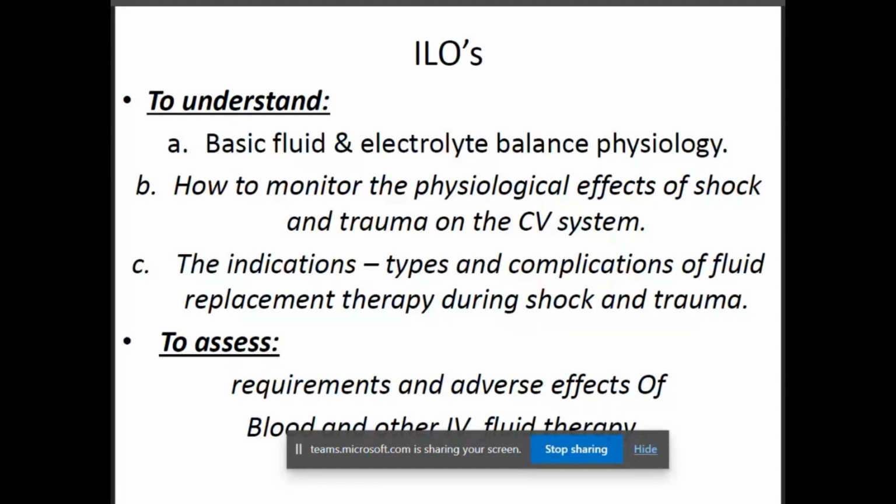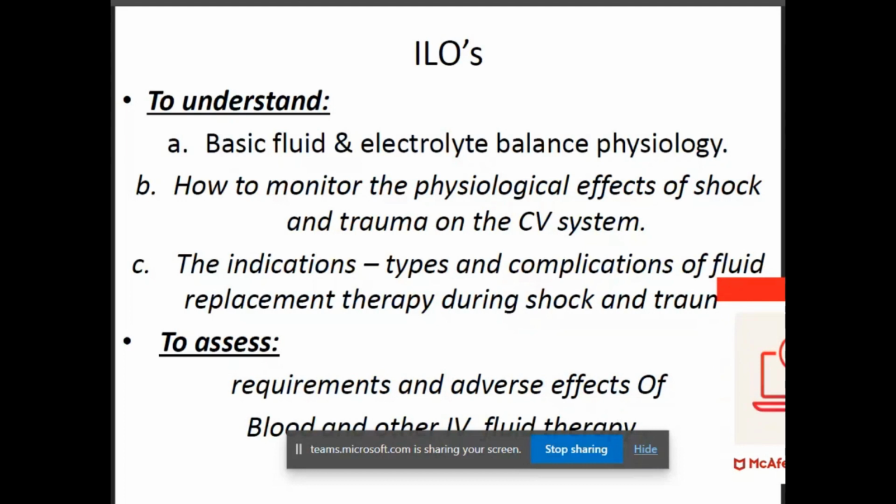Specifically, you really need to know about shock and trauma and how they affect the fluid balance and eventually the cardiovascular system. You need to know the indications and the complications of each type of fluids, and you need to assess these requirements and to know different side effects of different types of fluids.